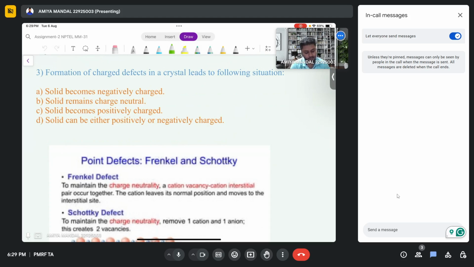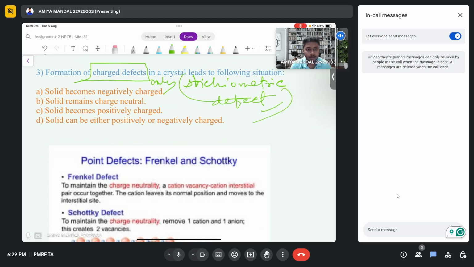Not non-stoichiometric, only stoichiometric defect. If this type of defect occurs in the crystal, then what happens?